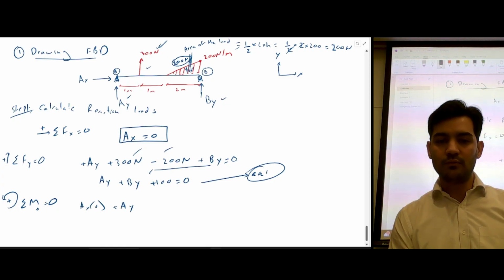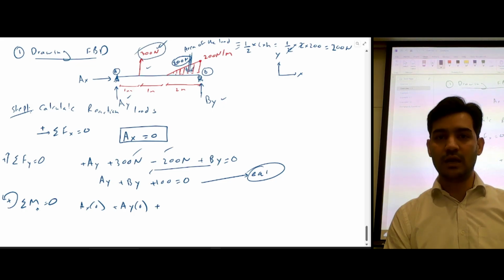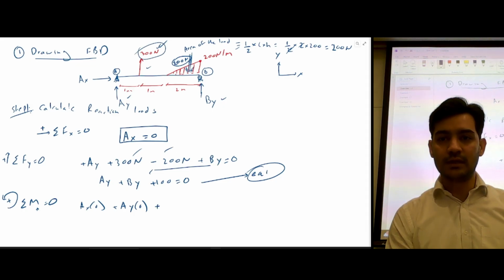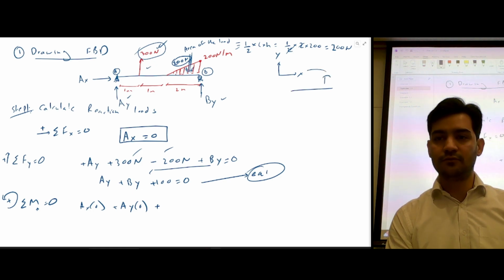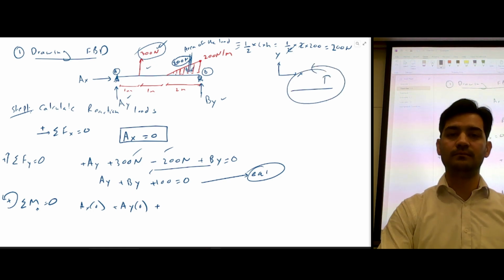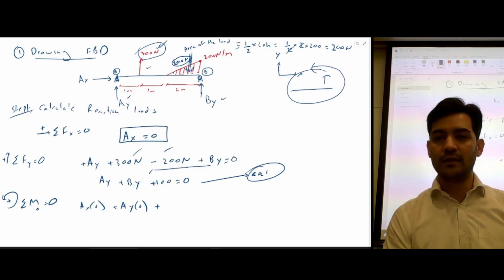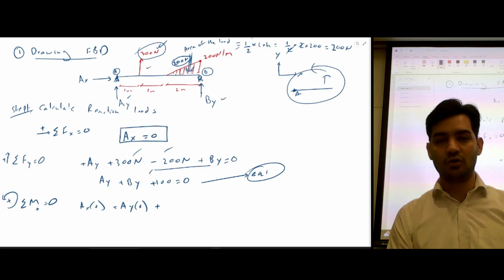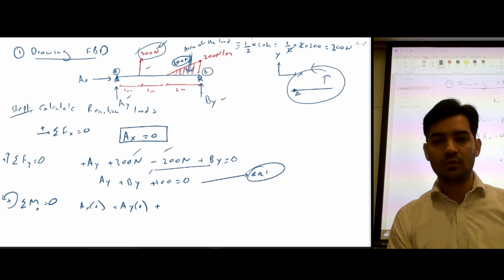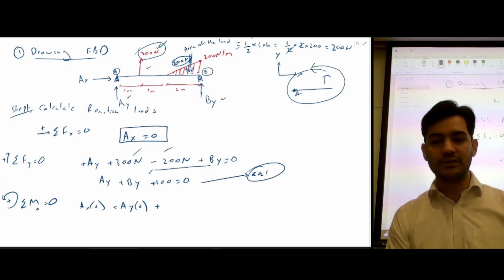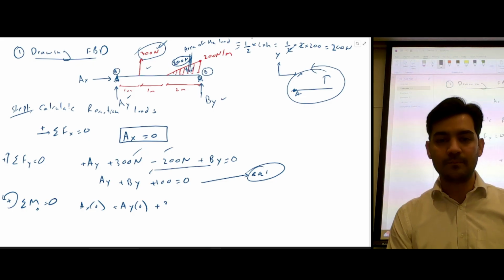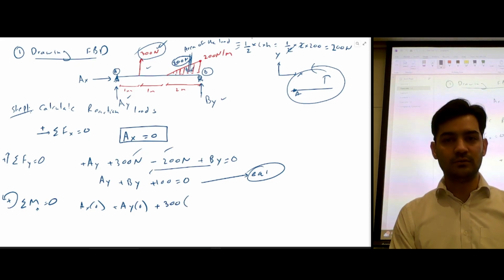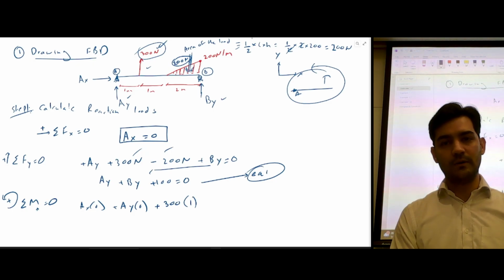You have AY, moment arm is 0. You have this 300 Newton force, and it's going to rotate the beam counterclockwise about point A, so counterclockwise is positive. The force is 300 Newton, and the distance is 1.